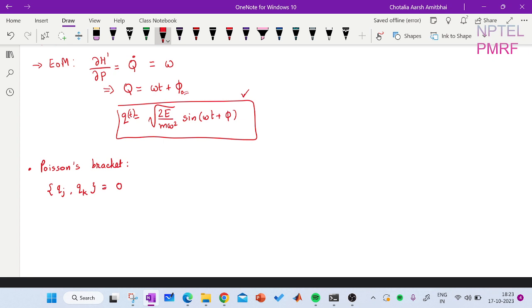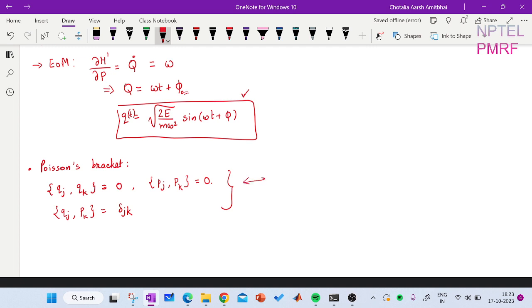I think the professor has mentioned it as delta jk, but I think it's incorrect, or maybe I'm mistaken. I don't know. And same with momentum, right? This is 0, but Qj with Pk would be delta jk. And this should ring a bell.